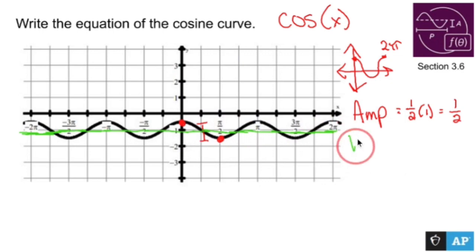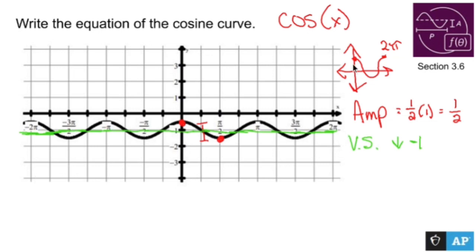So my vertical shift, and I'll write this as VS just because I don't have all the space in the world, has me moving down 1, or a vertical shift of -1. How will that affect my cosine function? Well, after I do all of my cosine stuff and the things attached to cosine, I'm just going to subtract 1 from it, and that takes the whole thing and moves it down 1. So that's going to be my vertical shift.